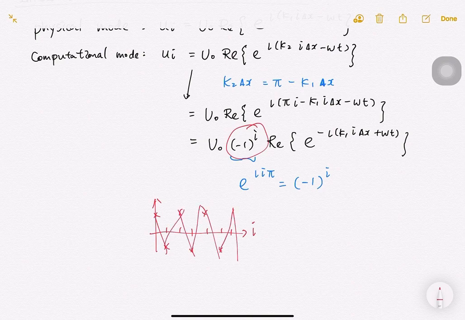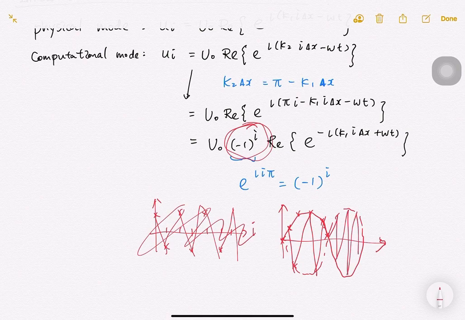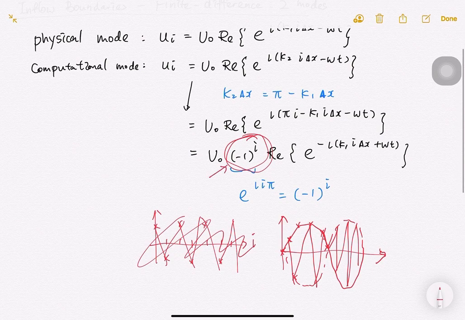If your signal originally is like this, it will not look like this because of this term. It will look like this, which means that it doesn't make sense, which means that this is the computational mode.